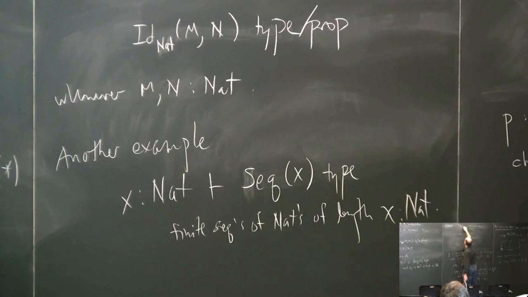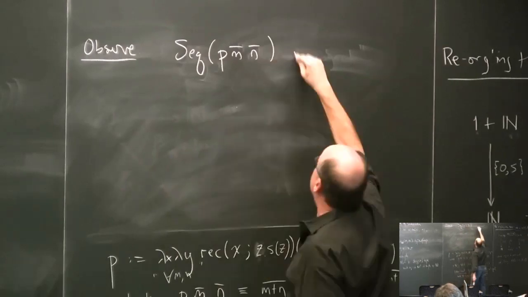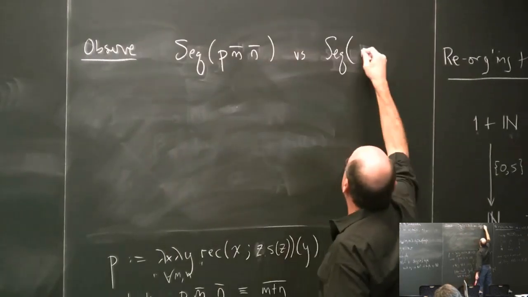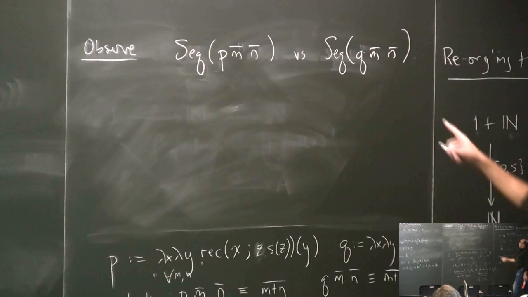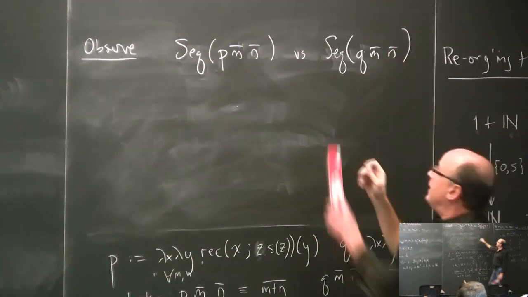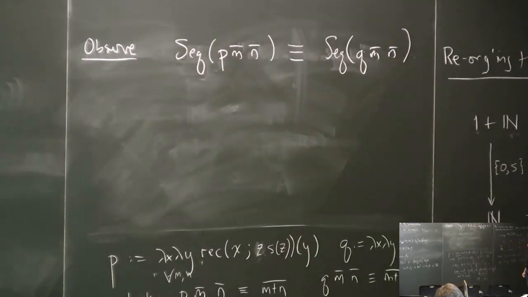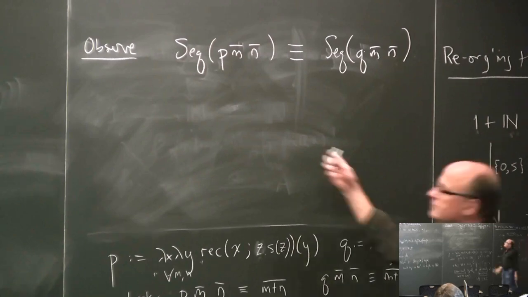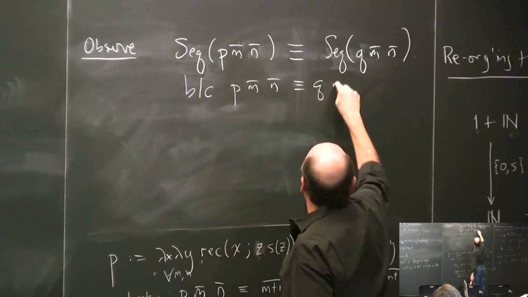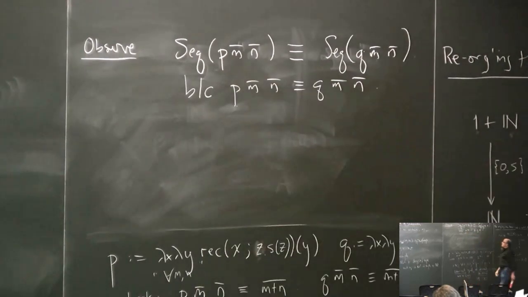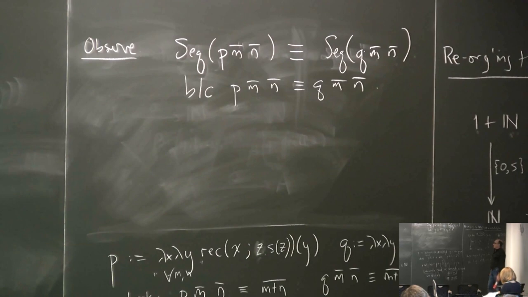If I take Seq of P(M,N) and Seq of Q(M,N), when they're given as numerals like this, I claim these things have the same sense. They are definitionally, or intensionally, the same type, because P(M,N) for numerals is definitionally equal to Q(M,N). When you start using proof assistants for type theory, the thing I'm discussing right now will bite you in the ass over and over and over again.